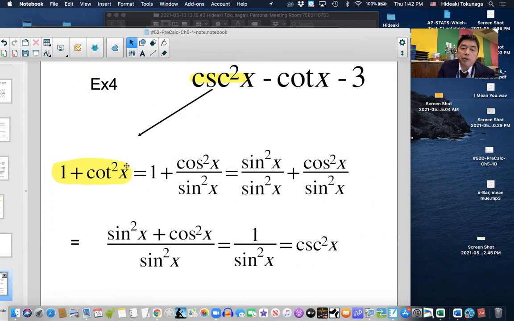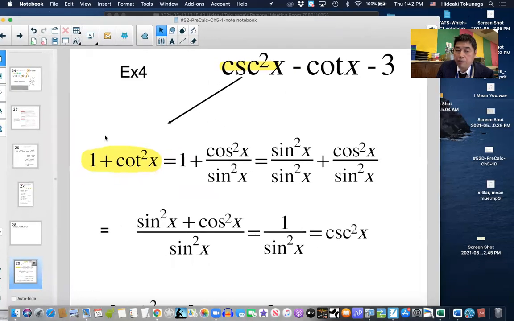It's hard to believe these two expressions are equivalent to each other, right? So in that case, I would do it right here. Cotangent square x can be written as cosine square x over sine square x. I wonder if you remember that one of the identities.